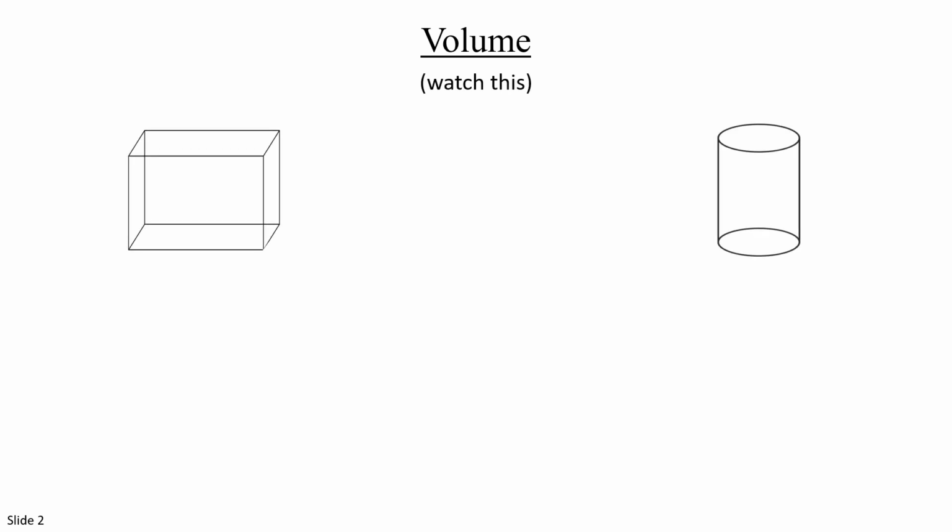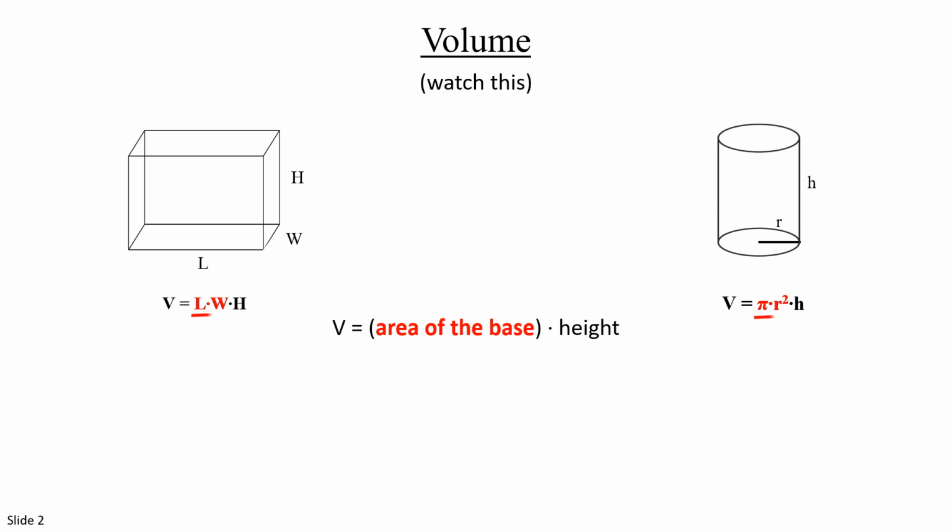So watch this. Let's take a rectangular solid and a cylinder. Volume is length times width times height. Pi r squared h. Notice that the area of the base, length times width, or pi r squared, is multiplied times the height.